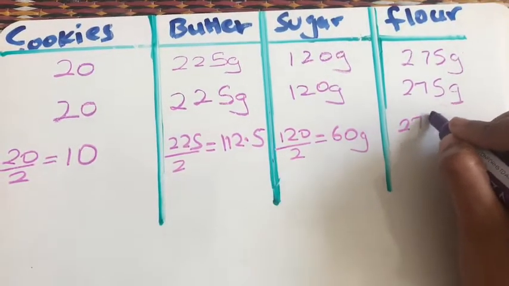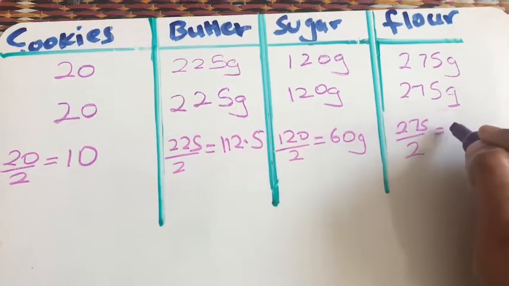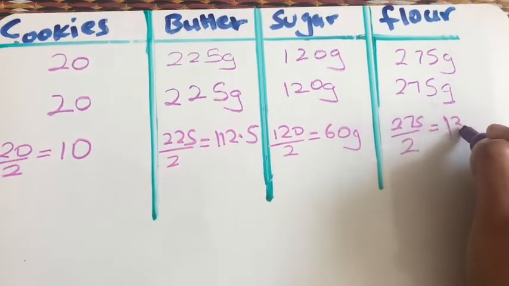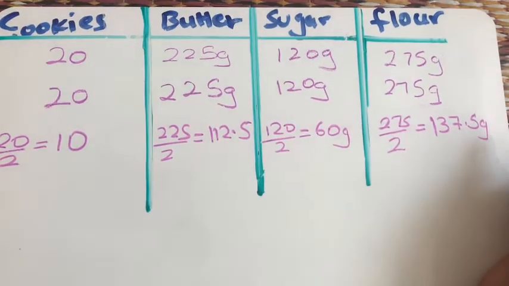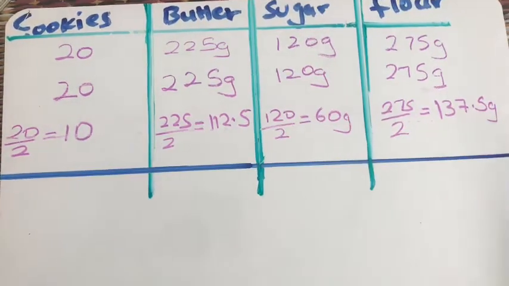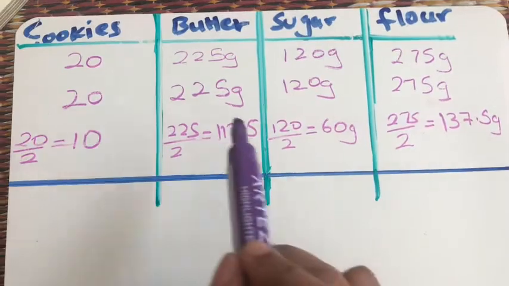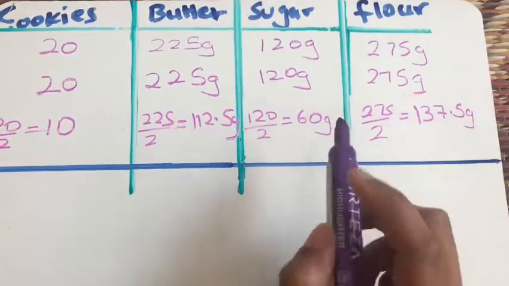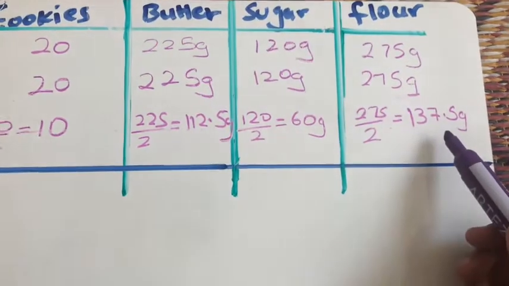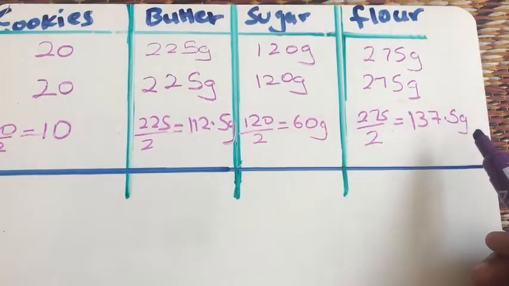And 275 divided by 2, which is 137.5 grams. So we know for 10 cookies, we would need 112.5 grams of butter, 60 grams of sugar, and 137.5 grams of flour.